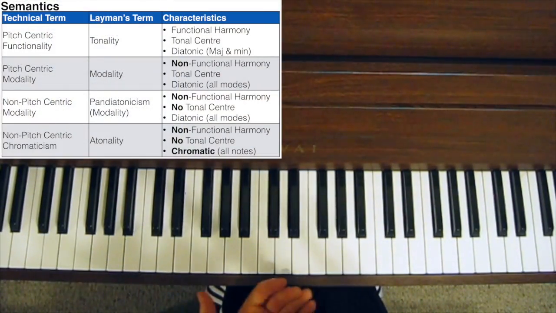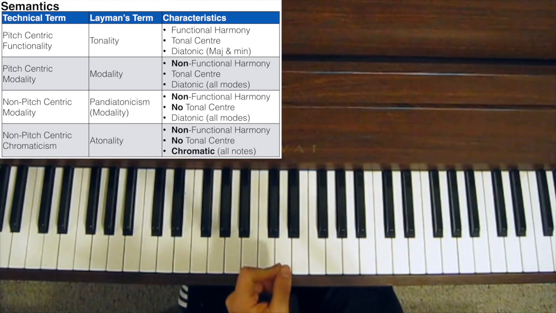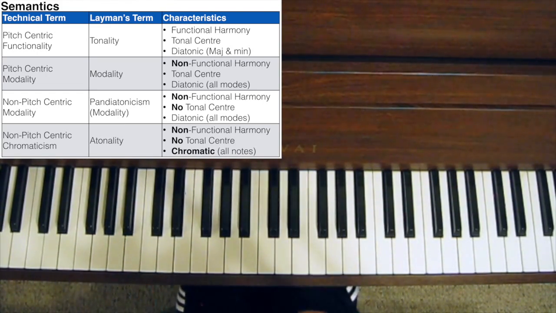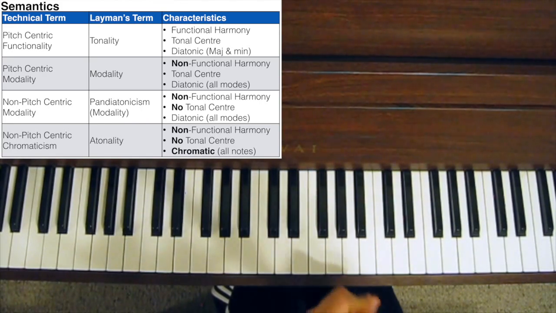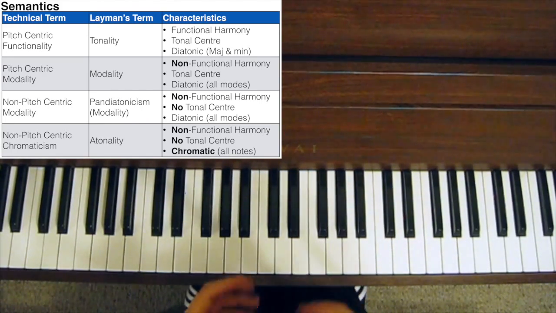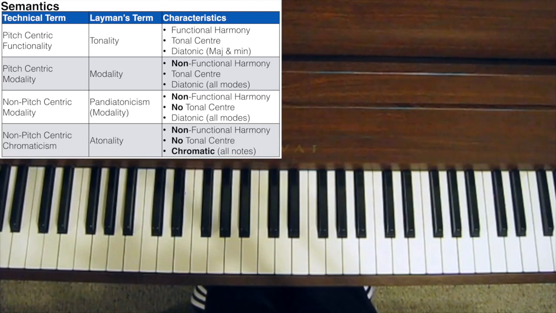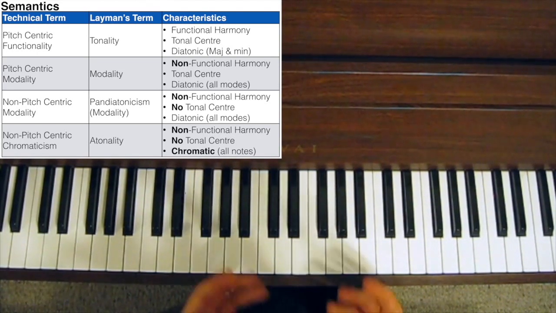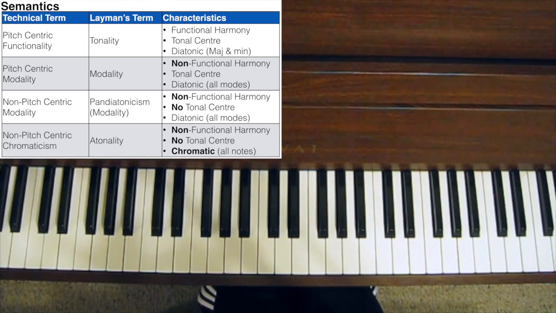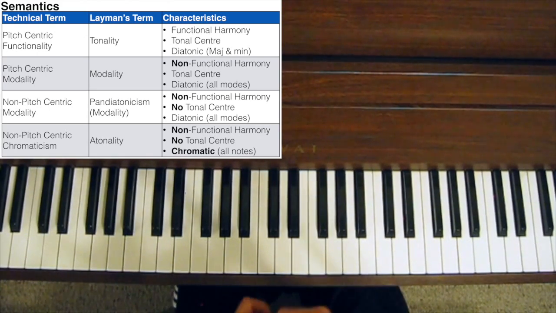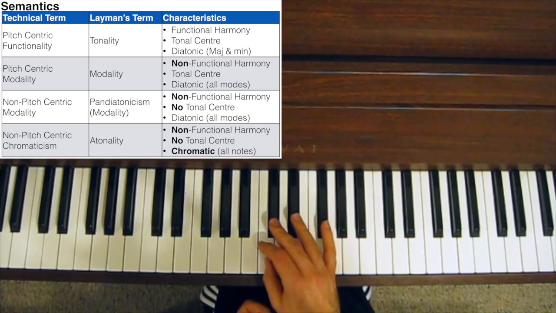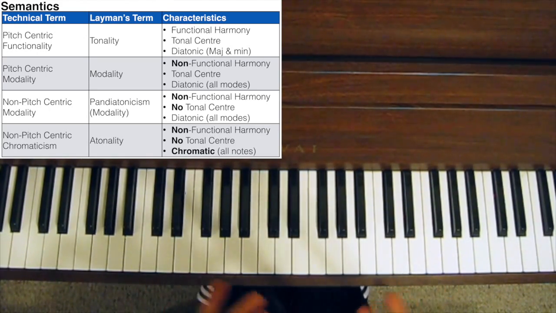So if you wanted to be really strict, you could call tonal harmony pitch-centric functionality, modal harmony pitch-centric modality, Pandiatonicism, the way I've explained it in this video, as non-pitch centric modality, and atonality, which I'll cover in a future video, as non-pitch centric chromaticism. So the first three use diatonic scales, whereas the last one uses the chromatic scale, or a non-diatonic scale.